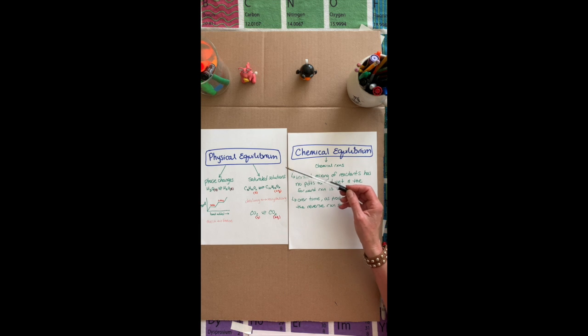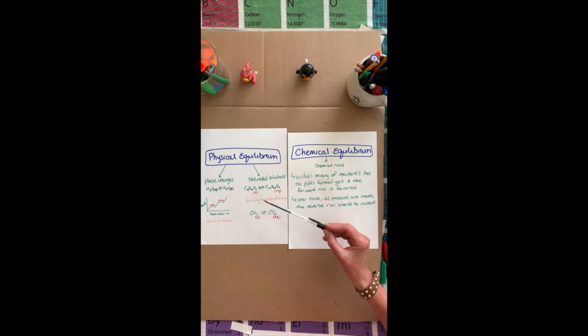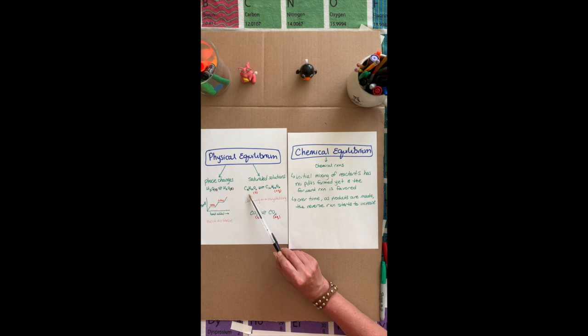Now let's look at physical equilibrium in terms of solutions. Well, if you recall, saturated solutions contain the maximum amount of solute per solvent at a given temperature. And saturated solutions are at equilibrium. So in this example, we've got sugar, table sugar in solid form.